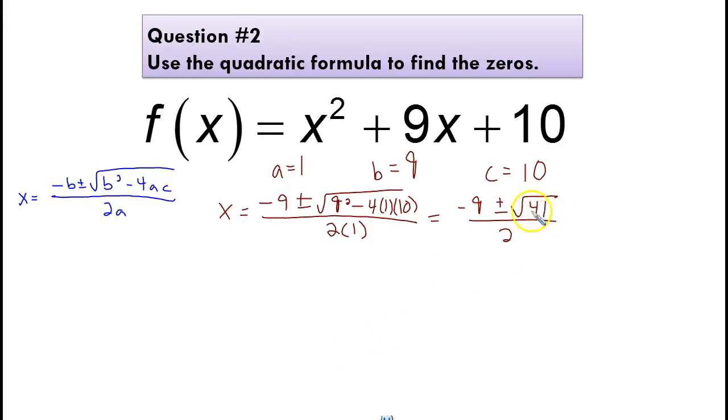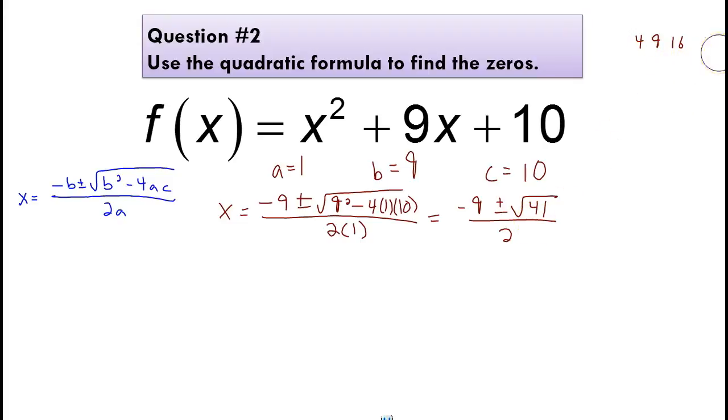Now, 41 is not a perfect square, and I don't think there's a perfect square that goes into it, because I think of perfect squares less than 41, like 4, which doesn't go into it, and 9 doesn't go into it, and 16 doesn't go into it, and 25 doesn't go into it. So 2 squared, 3 squared, 4 squared, and 5 squared don't, and we're almost too big at this point. 36 isn't going to go into it, and 49 is too big.